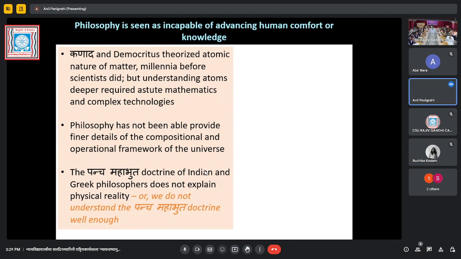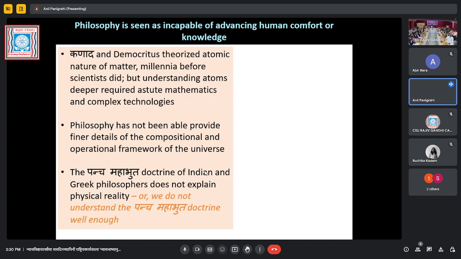I am not sure whether and when and how the Greeks took it from us, but the level of elementary identity that we have gathered thus far, the chemical elements, how the chemical elements make molecules, how they make matter, that is not compatible with the five elements that we have in the Panchamahabhuta doctrine.